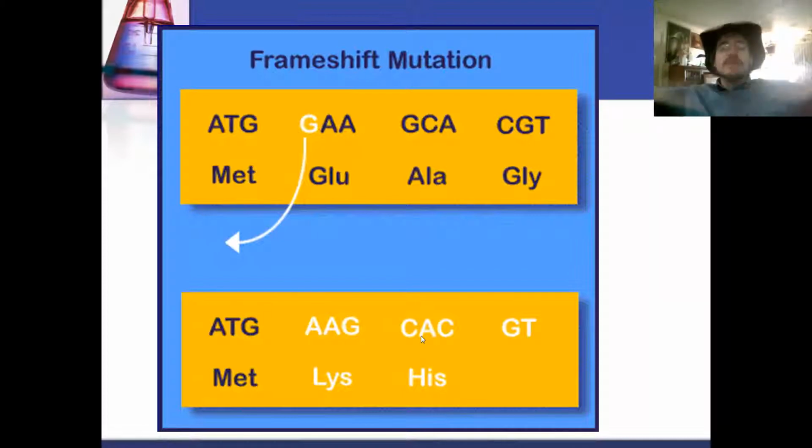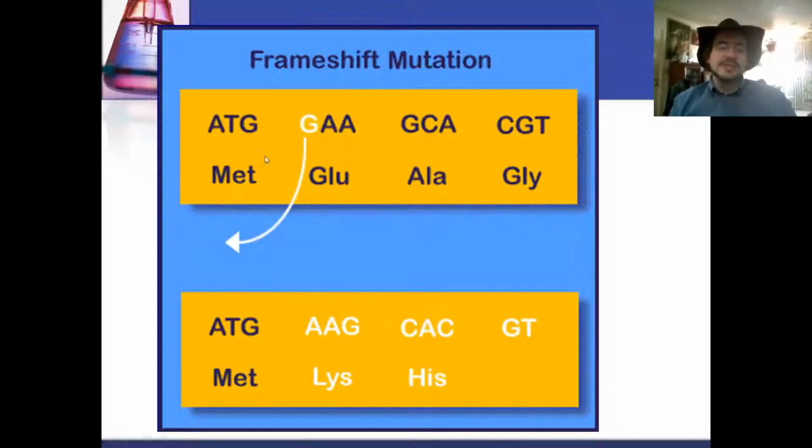Frame shifts almost universally result in a very negative impact on an organism. So luckily, cells have mechanisms in place to try and counteract mutations. You can often edit their DNA if a mutation occurs and reset it back to normal. By the way, this is a deletion here.